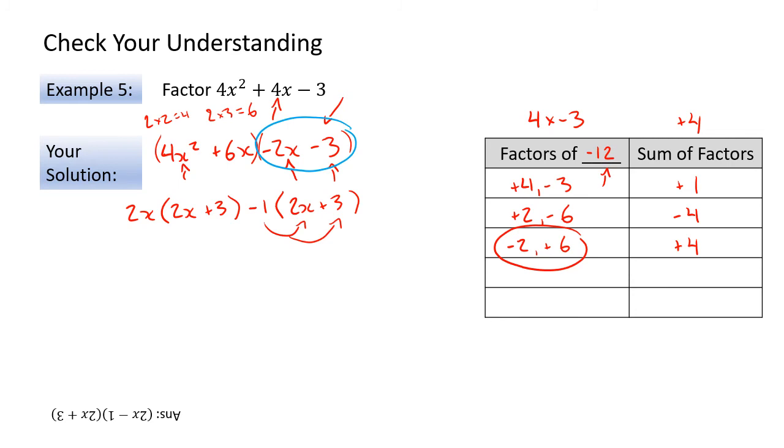So now we have a 2x plus 3 multiplied by both the 2x and the negative 1. So we can now factor this together, and it becomes 2x plus 3 multiplied by the remaining terms, which are 2x, okay, the term sitting here, and the negative 1, so 2x minus 1. Okay, so a few additional steps when that first number is not 1.